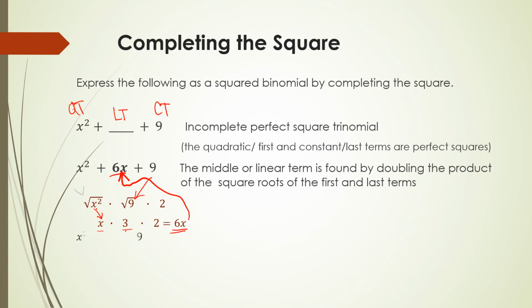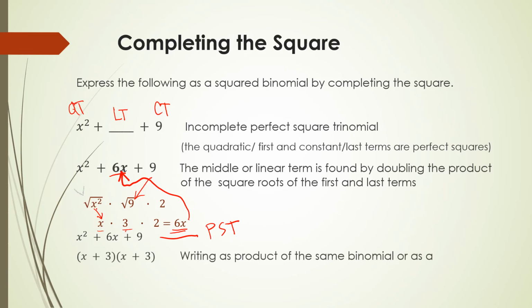Okay? Next. Since you have x squared plus 6x plus 9 as a perfect square trinomial, you can now express it as x plus 3 times the quantity of x plus 3.